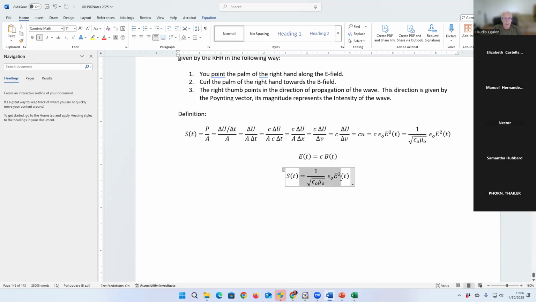So the next step, well, in reality, we didn't need to do that, but I want to show that to you so you can remember the relationship between c and those other two important constants. Okay, so let's continue working with this relationship here.